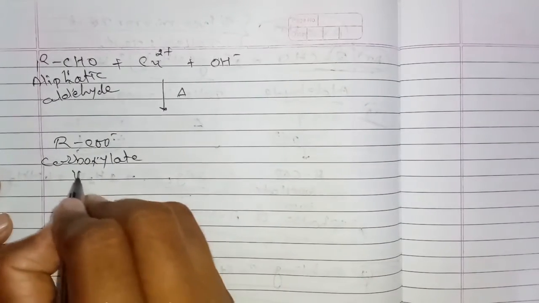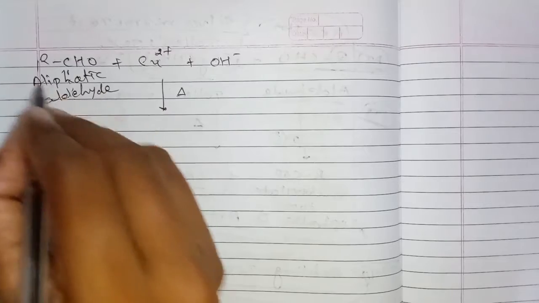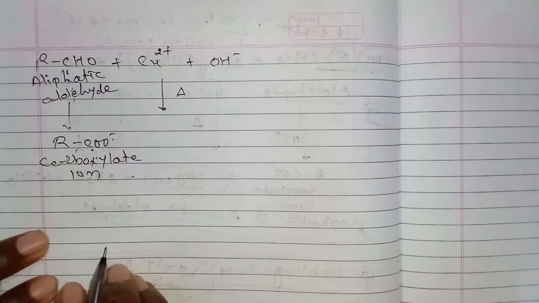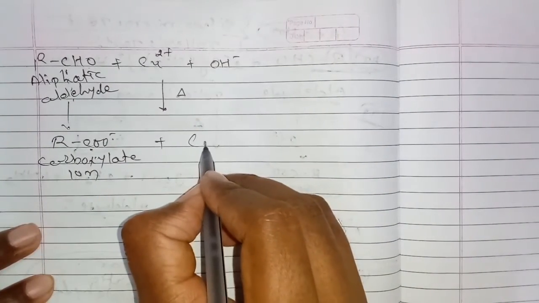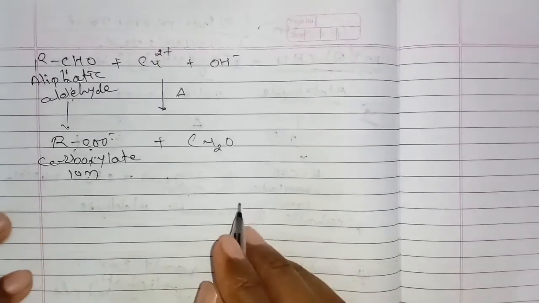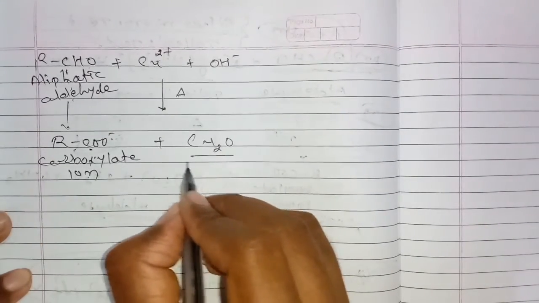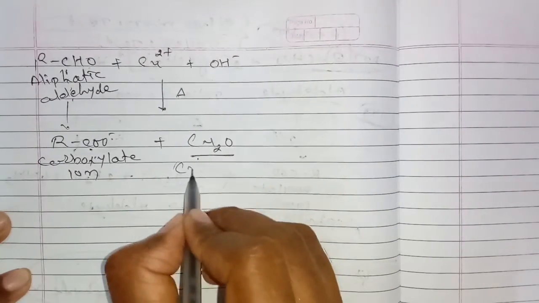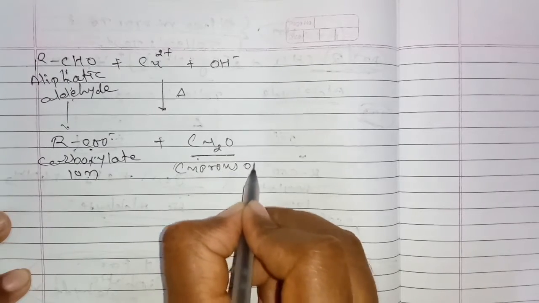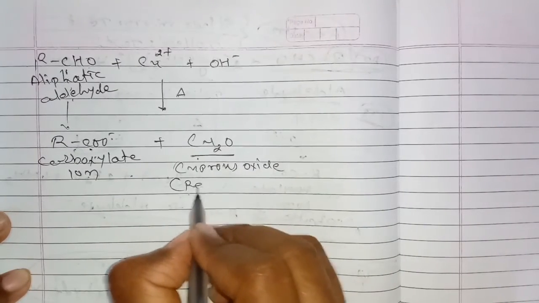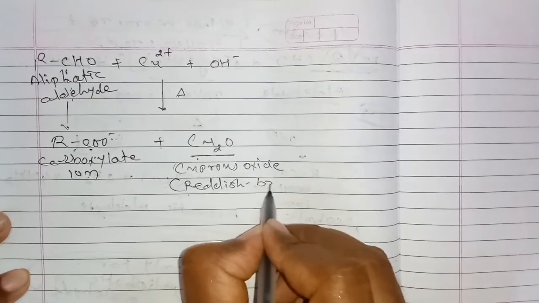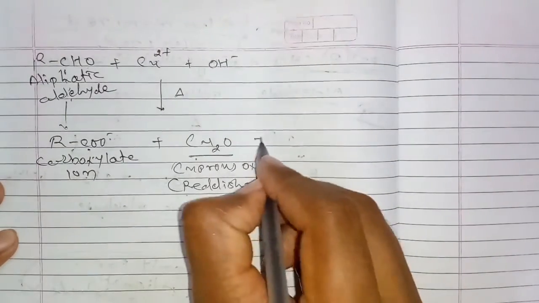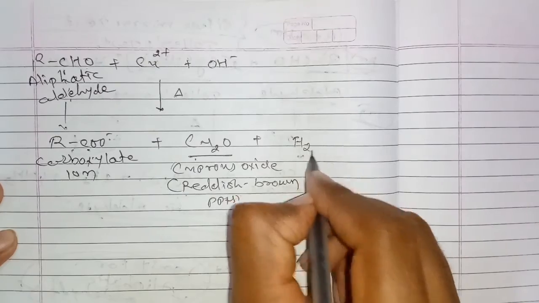Here there is addition of oxygen, so it is oxidized, and the reddish brown precipitate obtained is cuprous oxide, and some amount of water is produced.